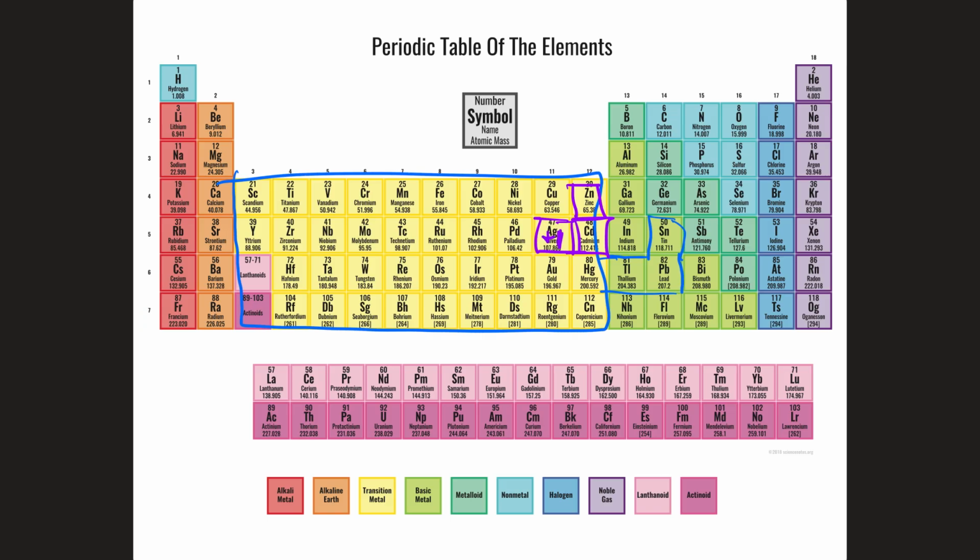Silver is always a +1, zinc's always a +2, cadmium is always a +2 as well. These are our 3 that just keep their charge, +1, +2, and +2. So no Roman numerals needed for those.